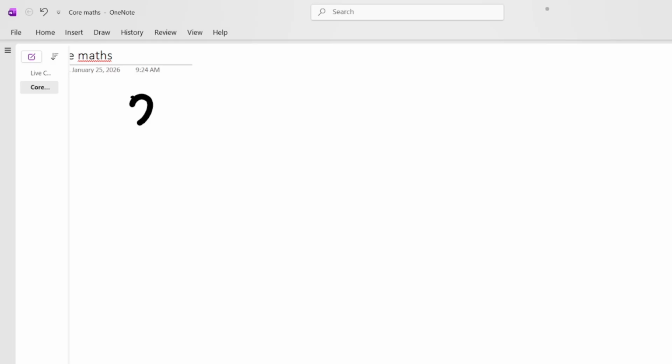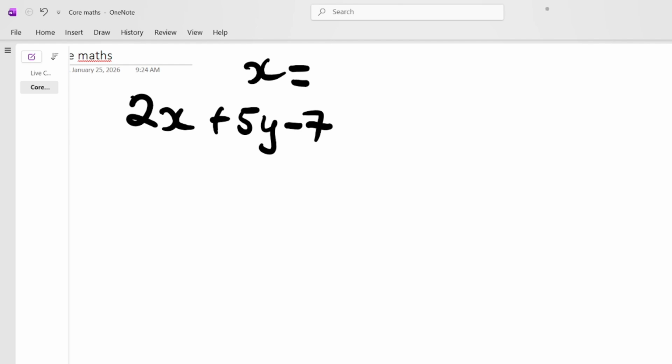We are given 2x plus 5y minus 7, and then we have to compute this particular expression. I told you it's an expression, so if it's an expression, we need to give in the value. x is equal to 2, y is equal to 3.